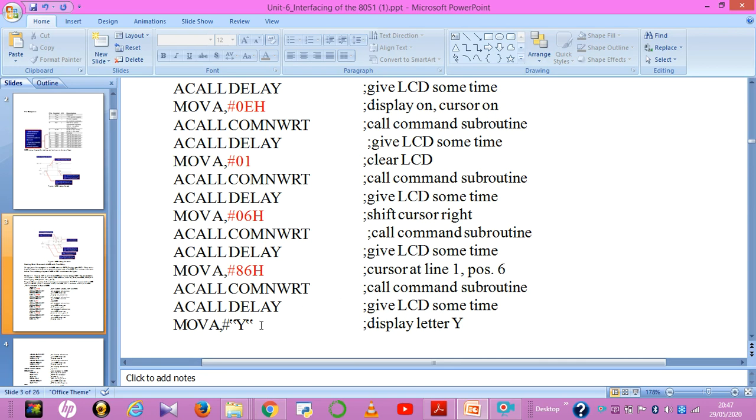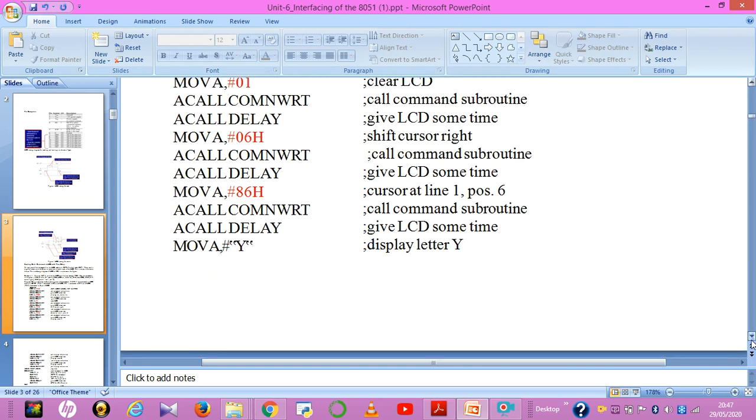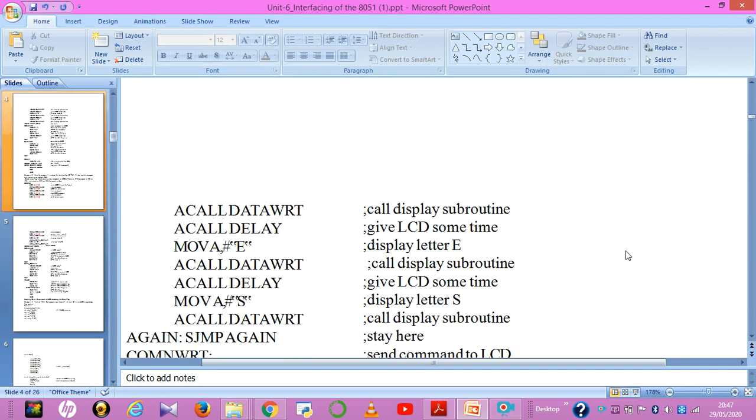So after that you have to start sending the letters. I have given here MOV A, #'Y'. It's written in quotes, which means it takes the ASCII value of the letter Y. Internally it takes ASCII values, that means the system will understand it's a Y character depending on the ASCII values.